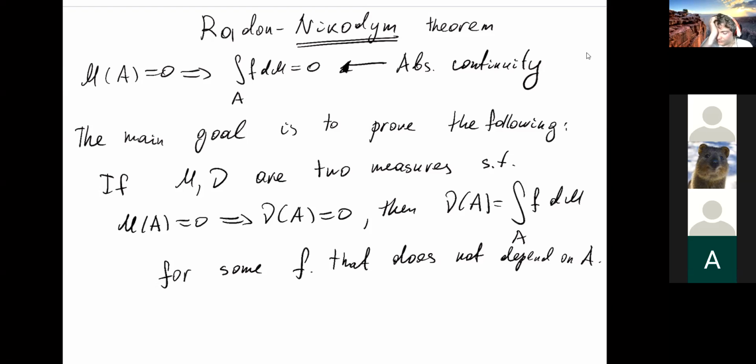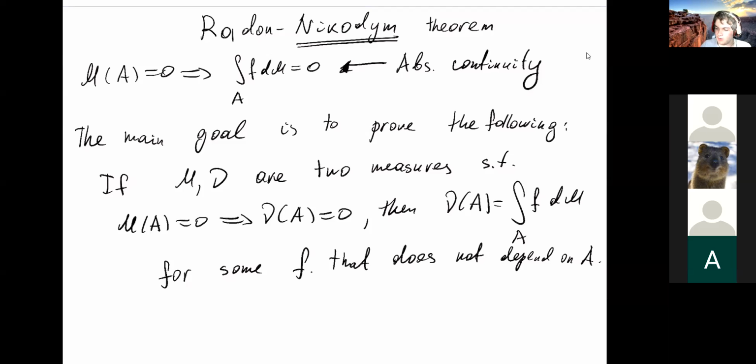There are no other pairs of measures. Okay, so this is the goal. It's actually pretty important for some applications, and we'll also do it in a more general case, when nu is allowed to be what's called a signed measure. So nu will be allowed to take negative values, and therefore f will be allowed to take negative values.